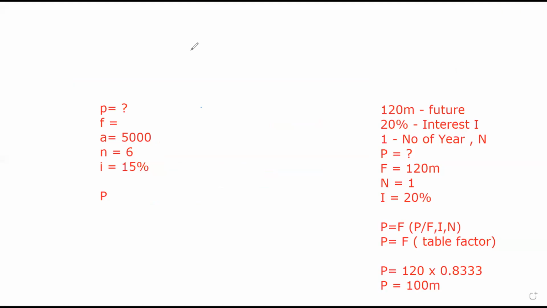So here, P is equal to the amount given, A, multiplied by the table factor. And that table factor is, you go to where you have P over A, find P given A, under 15%, under 6 years.